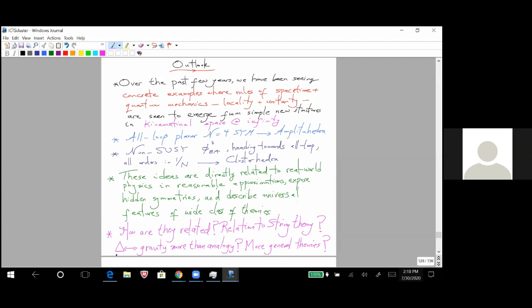And finally, what do we do with more general theories? And here there's a lot of beautiful work in India, figuring out how to extend ideas at tree level, then one loop quite recently, with Stokes polytopes, accordiahedra, and so on. And this is a subject I really want to understand and learn about more.